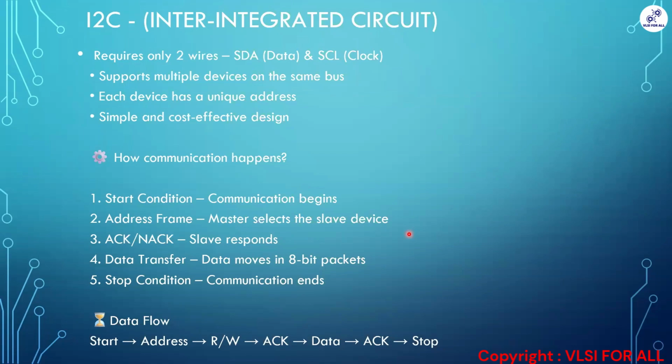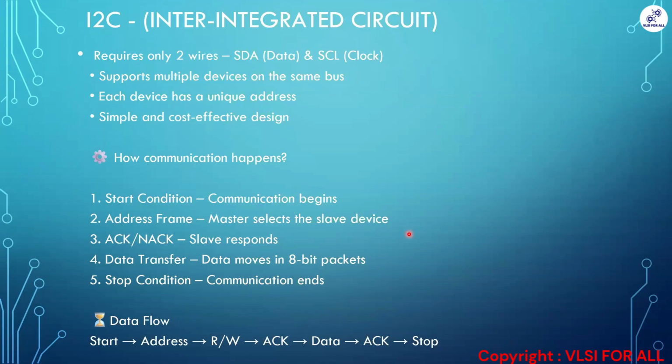So how the communication happens: we have the start condition, where the communication begins. The address frame is where the master selects the slave device based on this address. Then the acknowledgement and negative acknowledgement, where the slave responds based on the master communication.